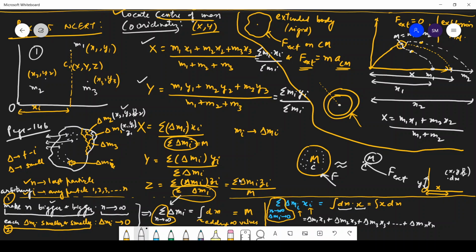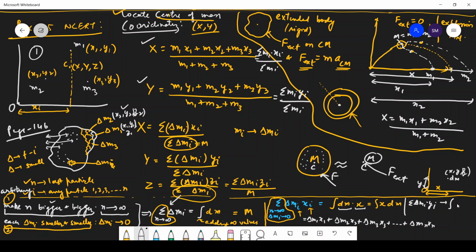Now similarly, this delta m_i y_i will be changed, you can see in your books also. So this will be changed to y dm. Similarly, sigma delta m_i y_i will be replaced with, tell me what it is replaced with.